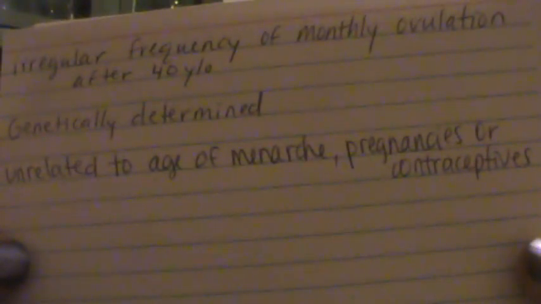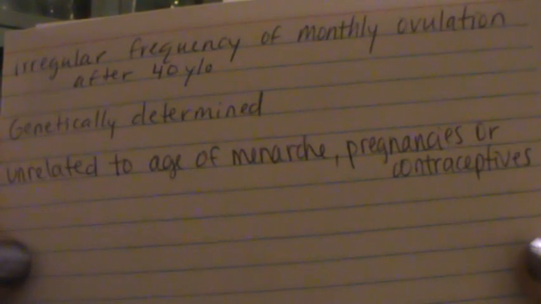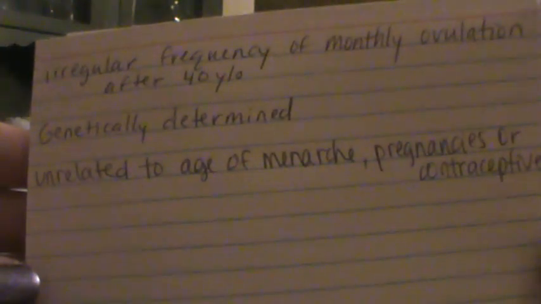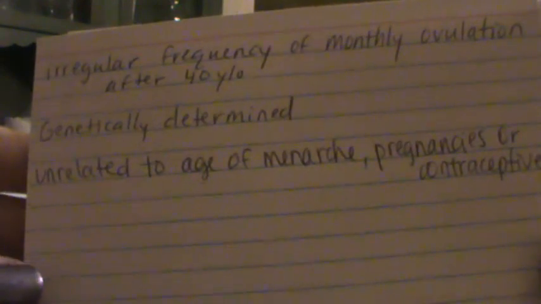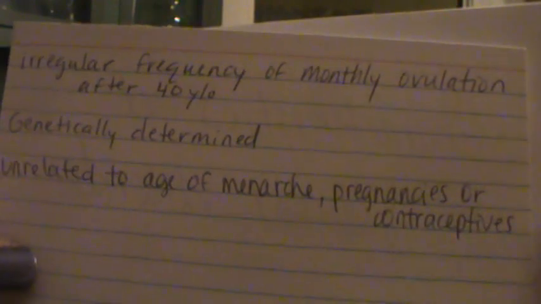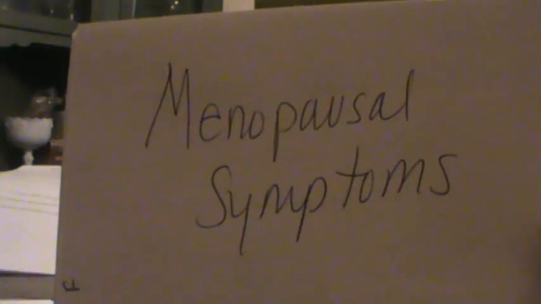What are some characteristics of menopausal disorder? Irregular frequency of monthly ovulation after the age of 40. This is a genetically determined disease process. It is unrelated to the age of menarche, how many pregnancies, or the type of contraceptives a person used.